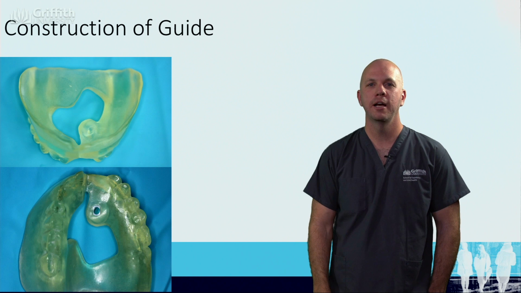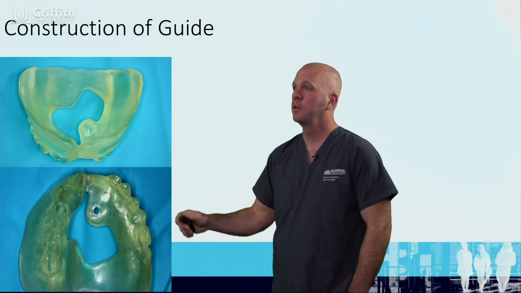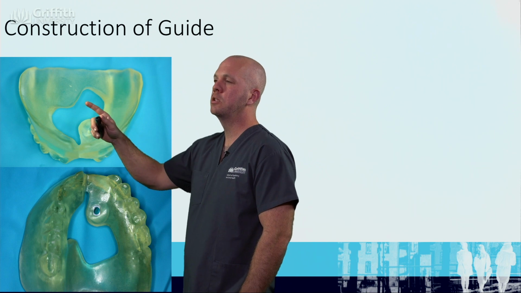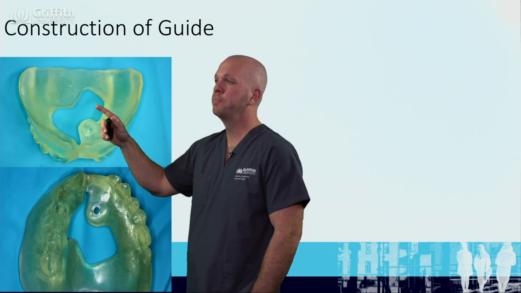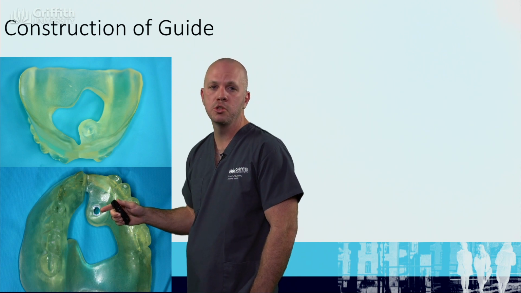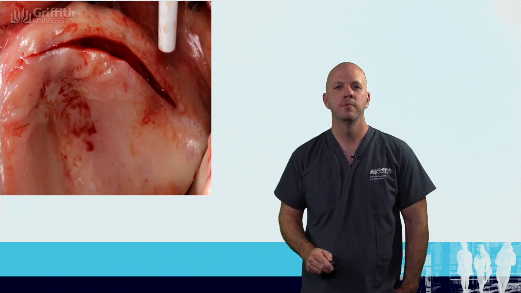Here we can see the guide just prior to surgery. What we've done is we've cut an area out of the palate so the surgeon can raise a flap. Then we've placed a metal housing in there which guides the drill. During the surgery, firstly, the surgeon will raise a flap.